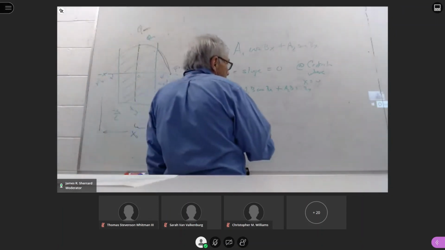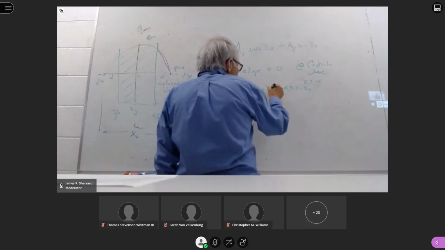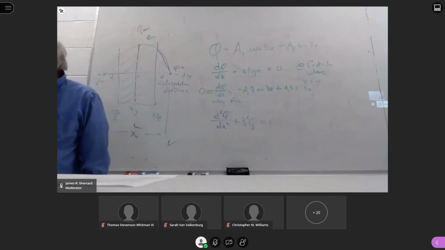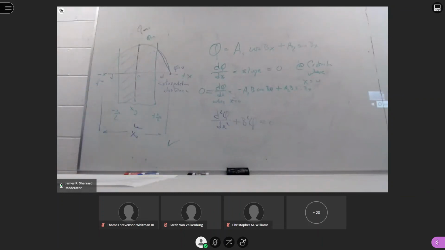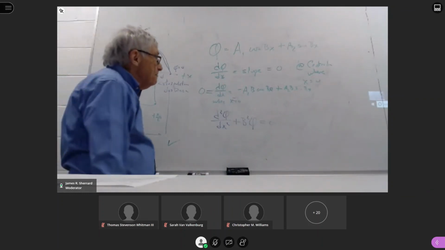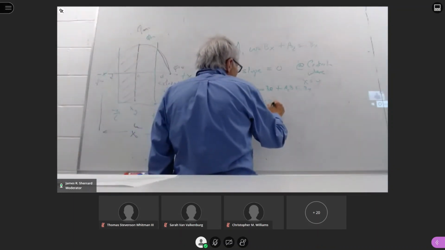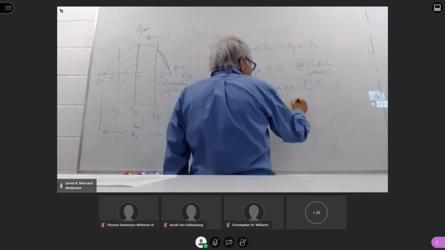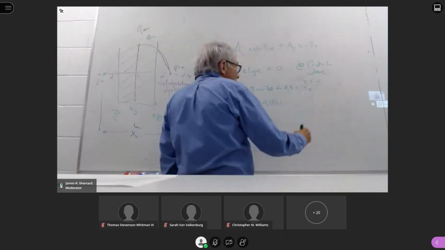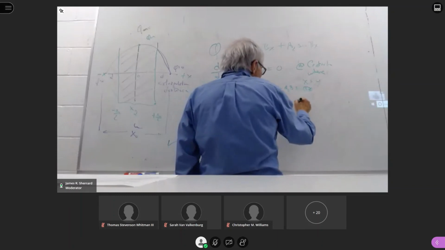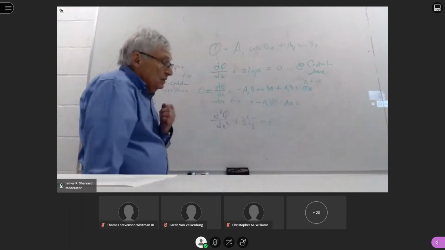So if I let x equal 0 here, the cosine of 0 is 1, so this becomes A2 B times 1. The sine of 0 is 0, so the other term becomes A1 B times 0.